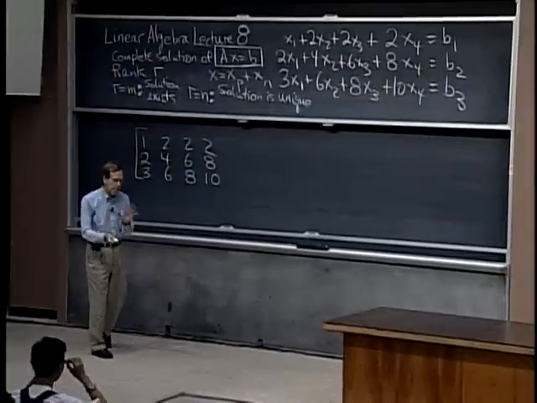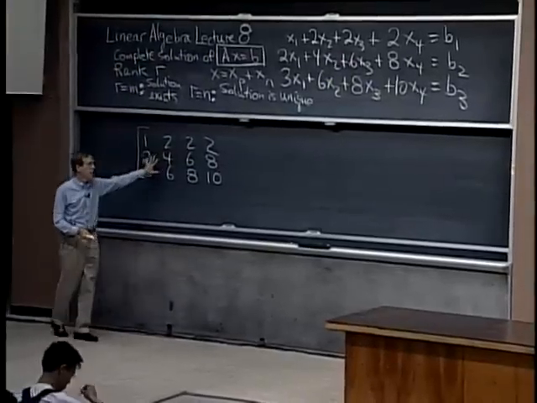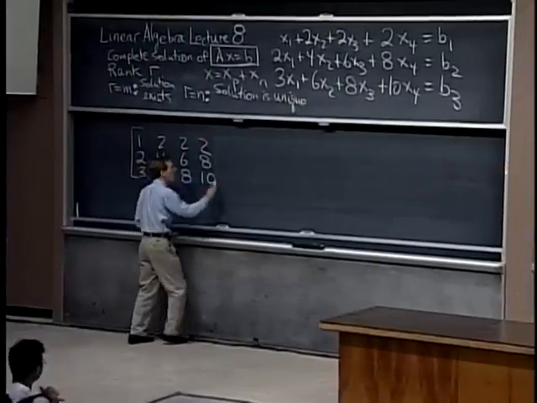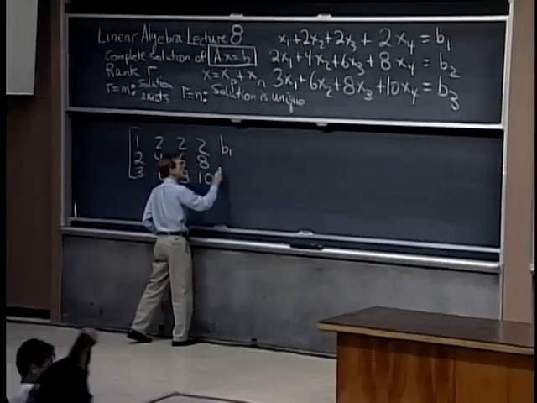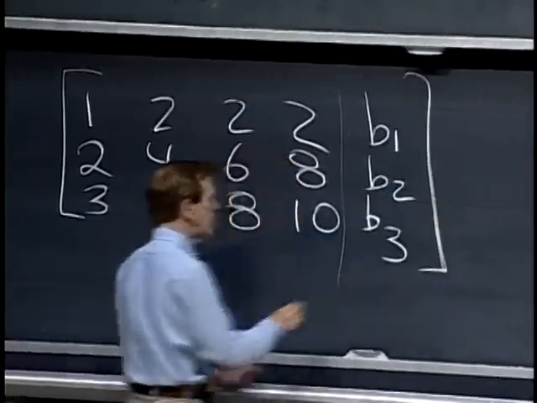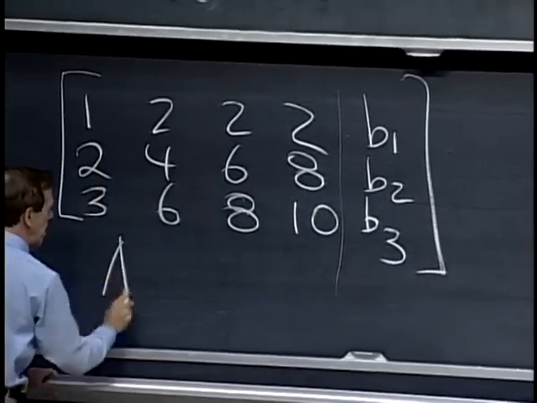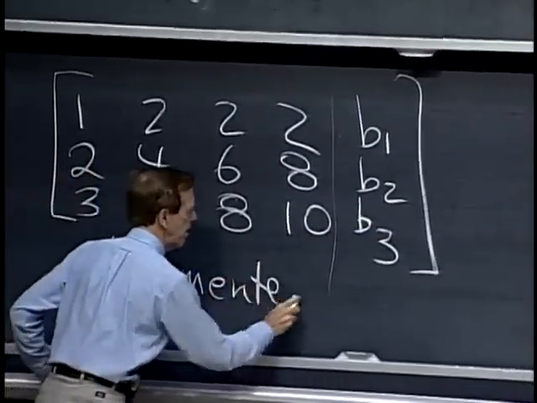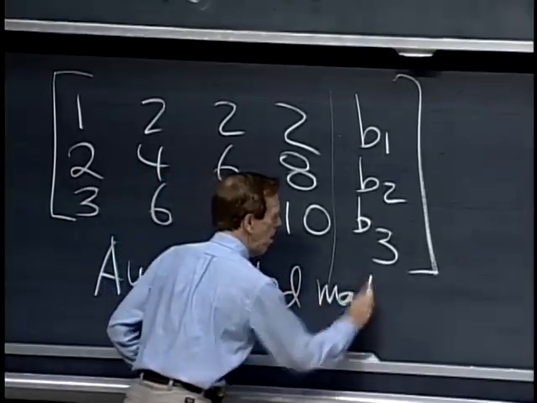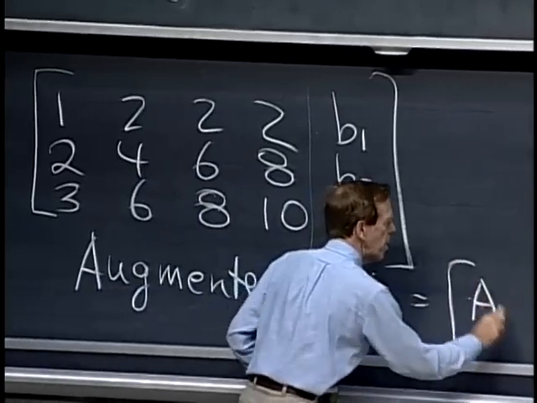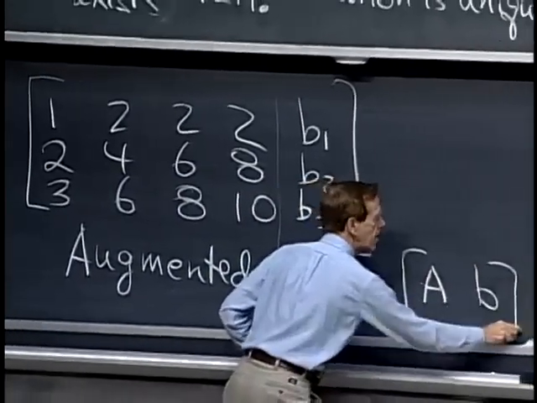We want to do the same thing to the right-hand side that we're doing to these rows on the left side. So we just tack on the right-hand side as another vector, another column. So this is the augmented matrix. It's the matrix A with the vector b tacked on.